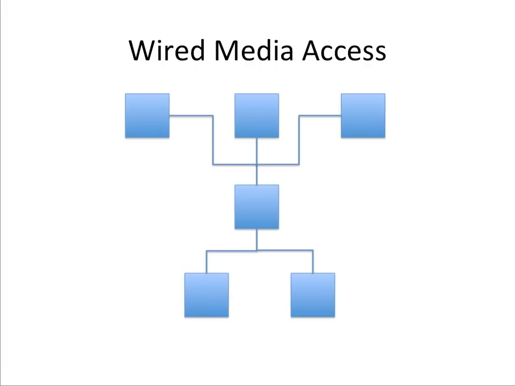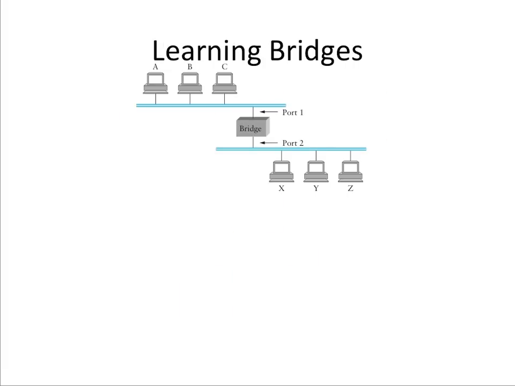And we said it's going to be hard to manage these cables as well, for example, from an organizational perspective, and also to scale them. So we introduced these boxes called bridges or switches that connect networks that are organized into segments. A segment is a wire or part of the network that has multiple computers connected to it.